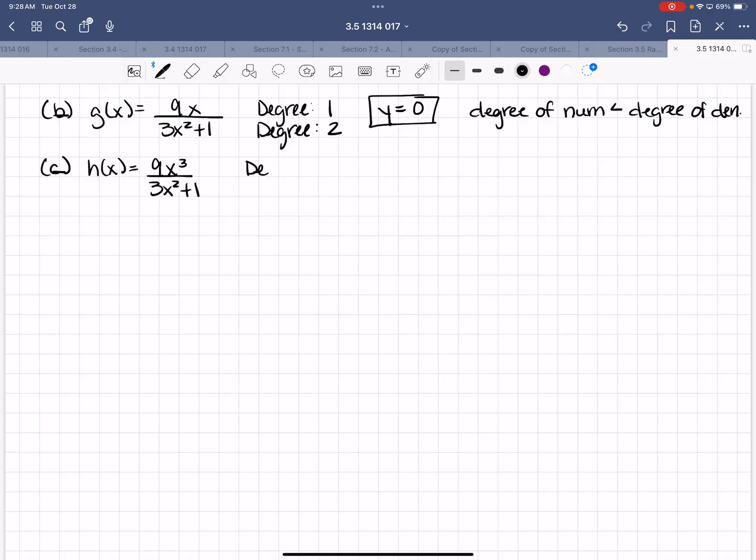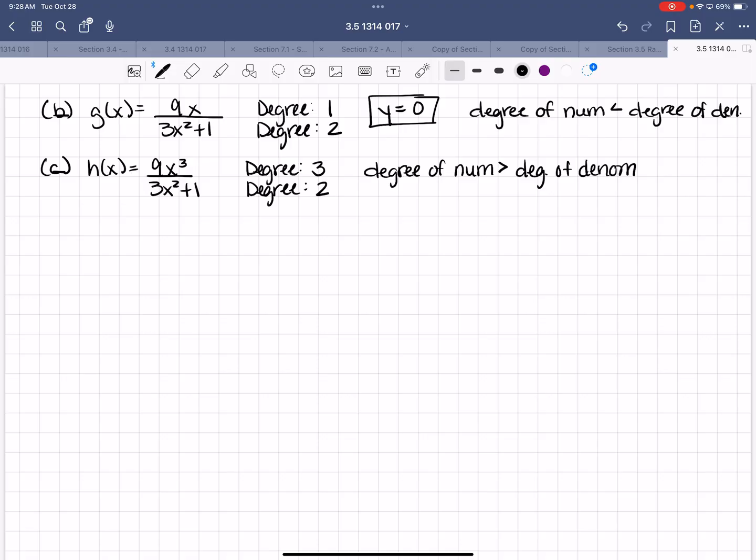Okay, and C, h of x equals 9x cubed over 3x squared plus 1. What's the degree of the numerator? 3. Good. What's the degree of the denominator? 2. So the degree of the numerator, in this case, is greater than the degree of the denominator.